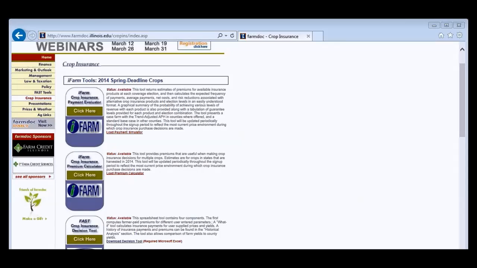My guess is, if they were off by a lot, we had a very low APH yield compared to the trend adjusted APH yield. So begin looking for that in those situations.